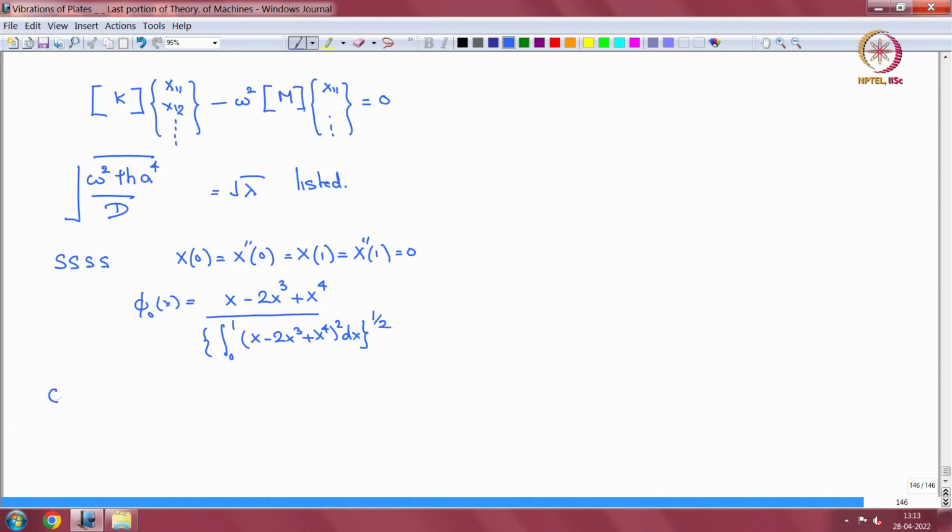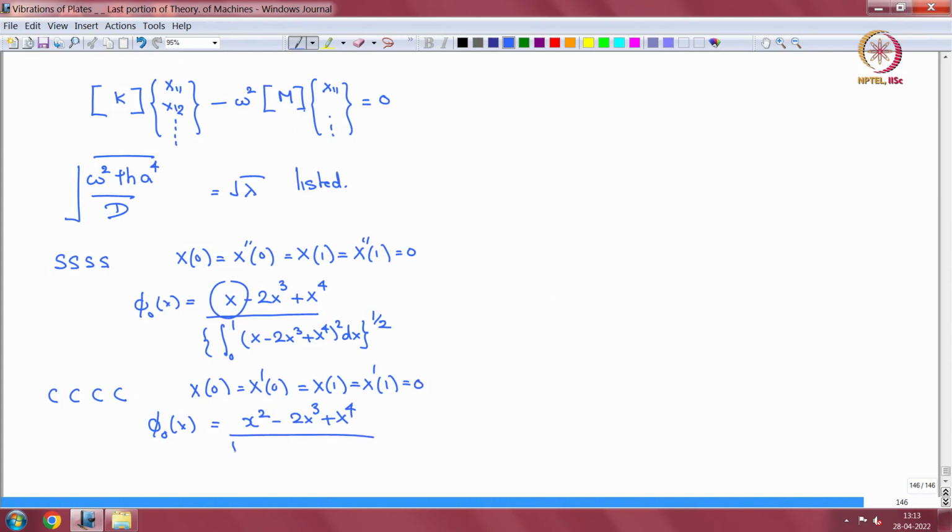If all four sides are clamped, then you get X of 0 is equal to X dash of 0 is equal to X of 1 is equal to X dash of 1 equal to 0, and phi 0 of x in this case is x square, different from this, minus 2x cube plus x fourth by the root of the integral 0 to 1 of x square minus 2x cube plus x fourth squared dx.